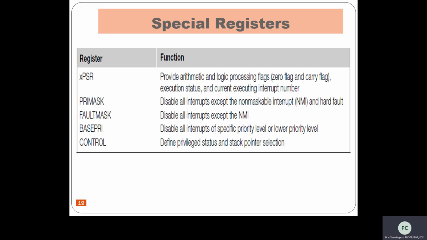The first one is PRIMASK. It disables all interrupts except the non-maskable interrupt and the hard fault. The second one is FAULTMASK. It disables all interrupts except the non-maskable interrupt. Then BASEPRI disables all interrupts of a specific priority level or lower priority levels.